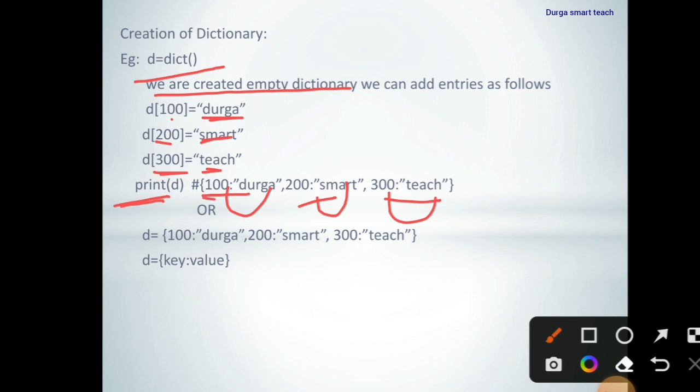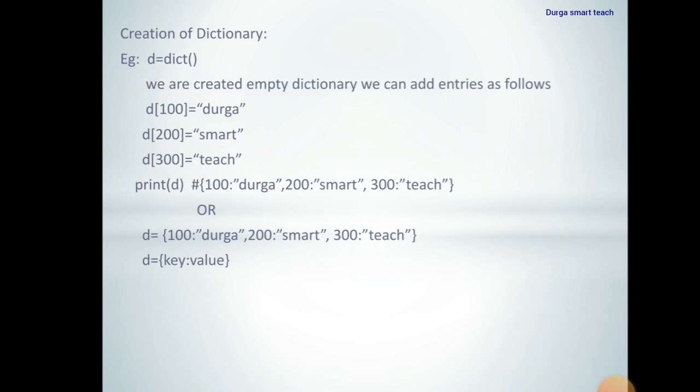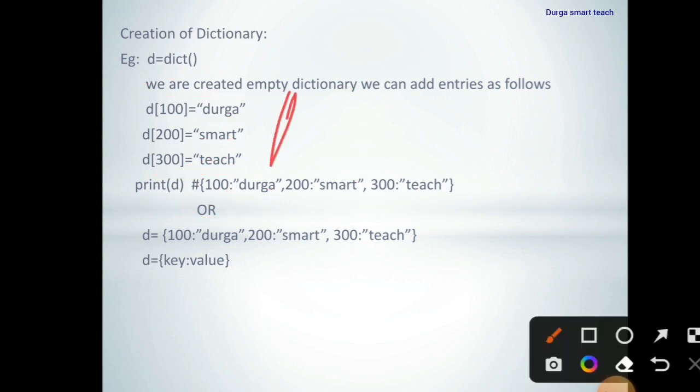Here keys are not duplicated, keys must be unique. Values may be duplicated. You can store Durga for 100, Durga for 200, Durga for 300, but keys cannot be duplicated. Or else you can insert the elements like this also. D is equal to {100: "Durga", 200: "Smart", 300: "Teach"}.